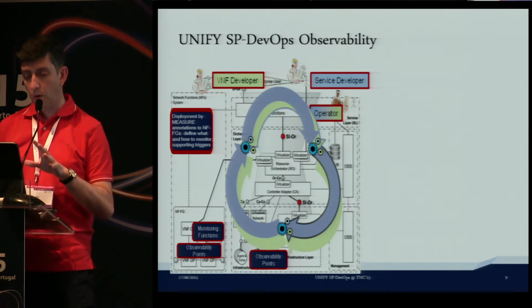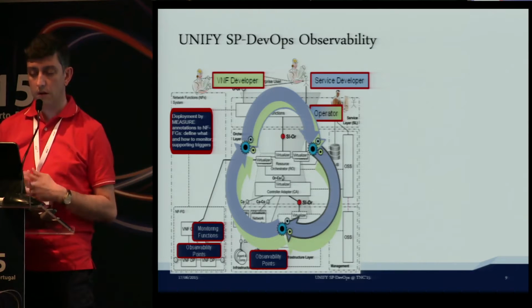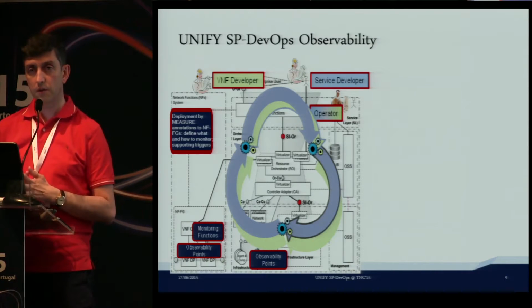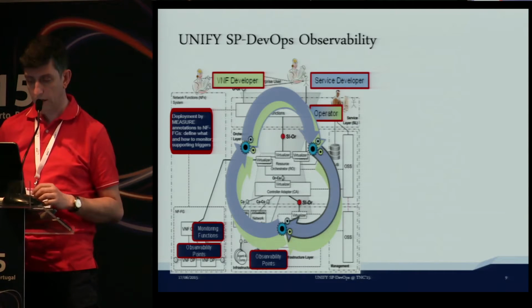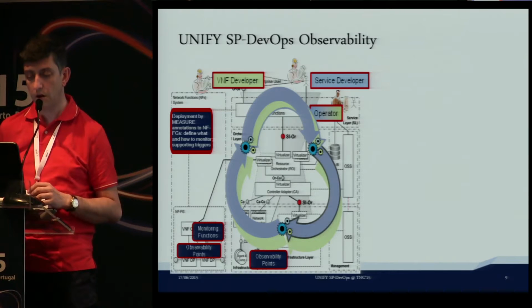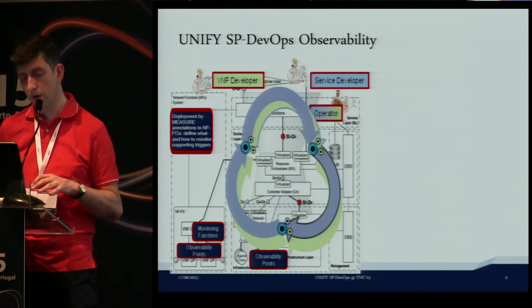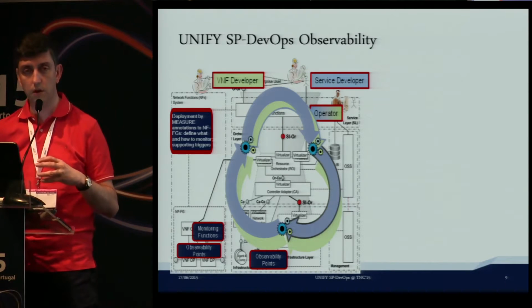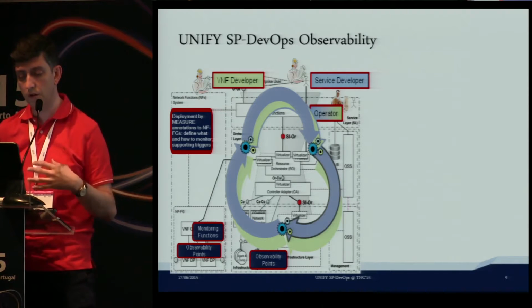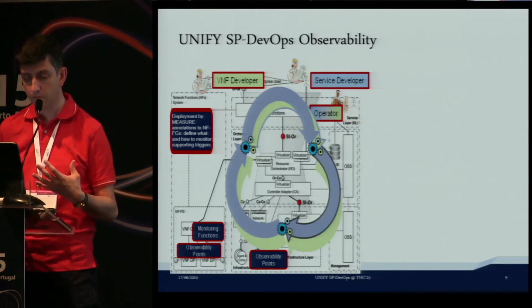Now, as part of the service provider DevOps in Unify, we took the architecture with the resource orchestration layer and service orchestration layer and the infrastructure controller that are in the background here. And we put the roles that we defined for the VNF developer, the service developer, and the operator.